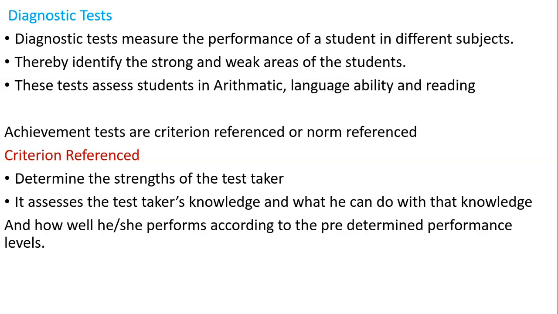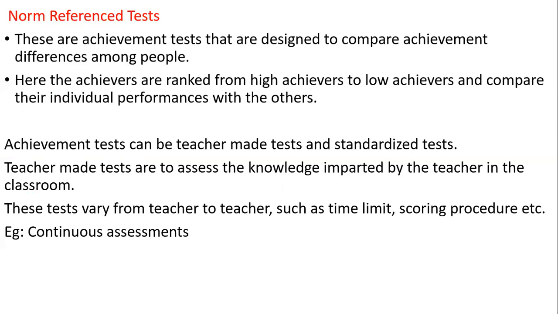It assesses the test taker's knowledge, what he can do with that knowledge, how well he can perform, because the performance levels have already been decided. So whether the child has reached the performance level or is below it, we can identify that through criterion reference. Then norm reference tests are achievement tests that are designed to compare achievement of different test takers.